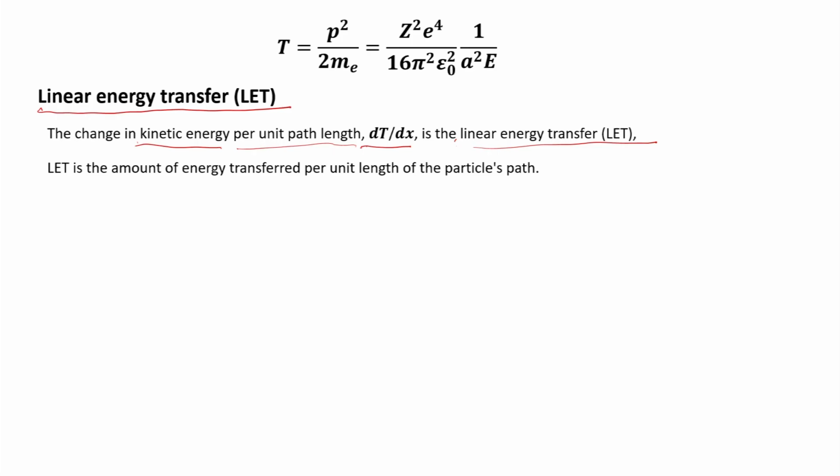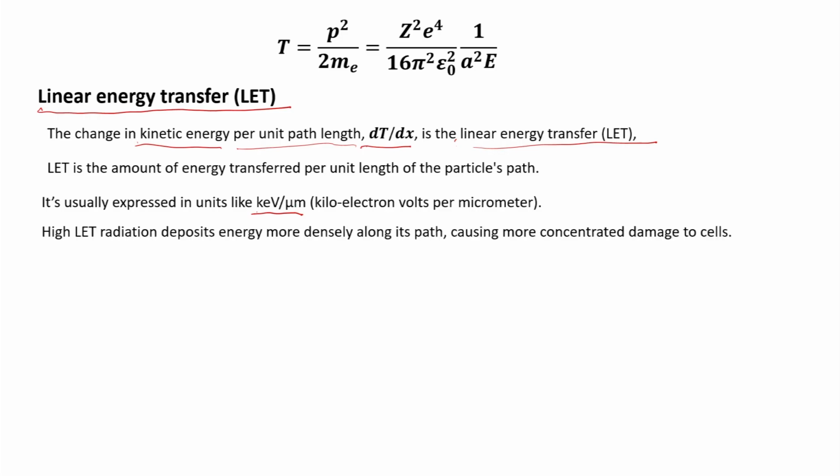So, what is LET then? LET is the amount of energy transferred per unit length of the particle's path, and its unit is kilo electron volt per micrometer. So, this is the unit used for it. High LET radiation deposits energy more densely along its path.